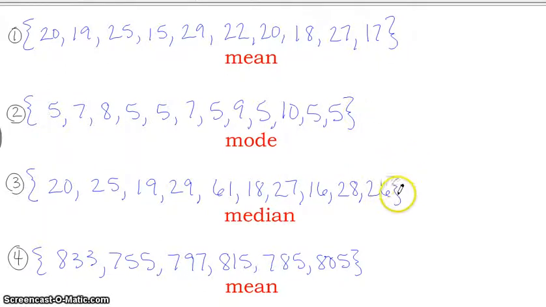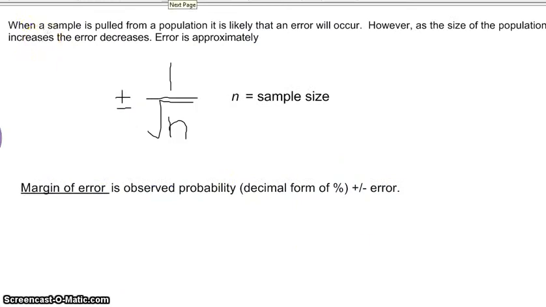This is a pretty good list, 20-something is where the numbers are rocking and rolling around, except for this 61. So median describes this list. Imagine these are quiz numbers, and all of a sudden I have a 61. Maybe I went back and put a grade in there wrong. And then of course mean is right here. We've got 800s.